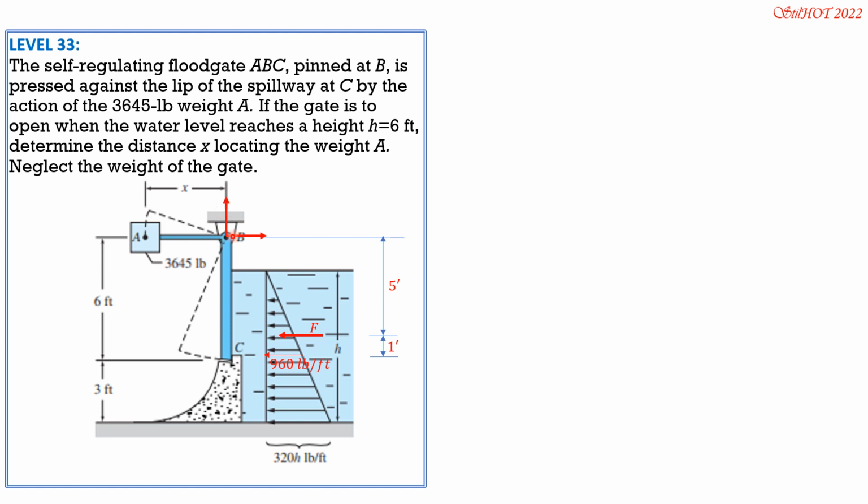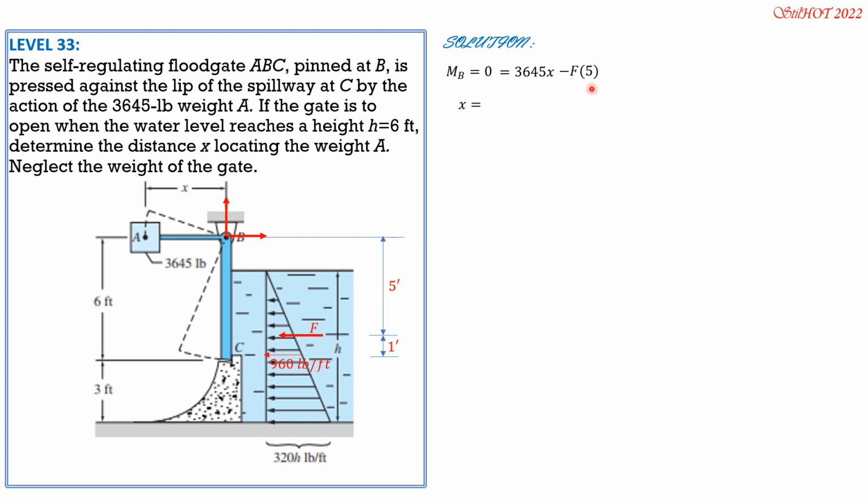These are the component reactions, which are not important because we only want to find x. So moment B is 0, considering counterclockwise positive, so 3645 times x, then minus F times 5. Those are the only forces involved.